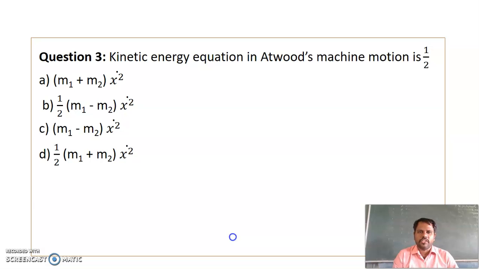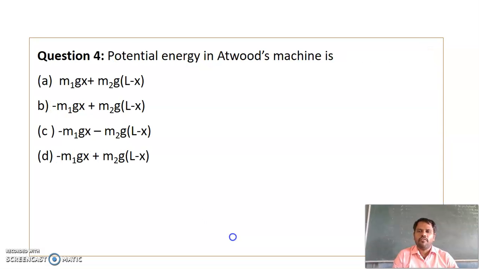Kinetic energy in Atwood's machine is half of m1 plus m2 x dot square. So the answer is A. Question number 4. The potential energy in Atwood's machine is minus m1gx minus m2g into L minus x. So the option is C.